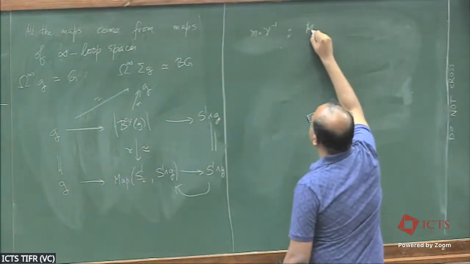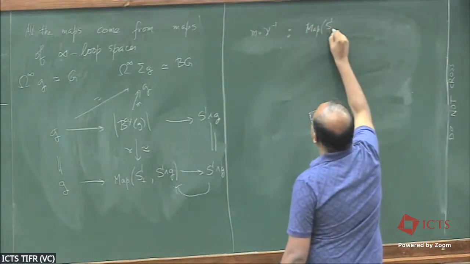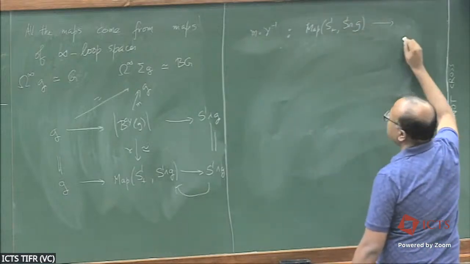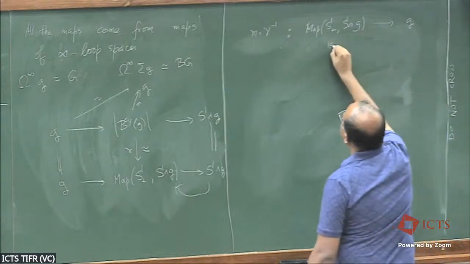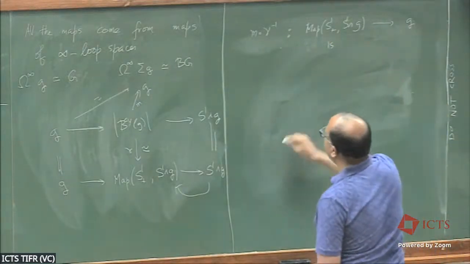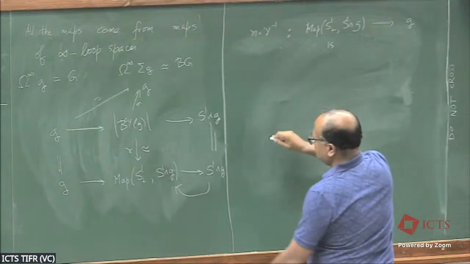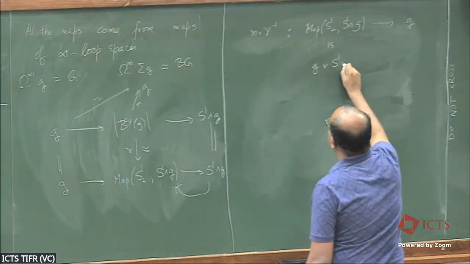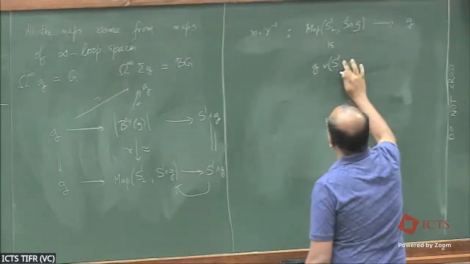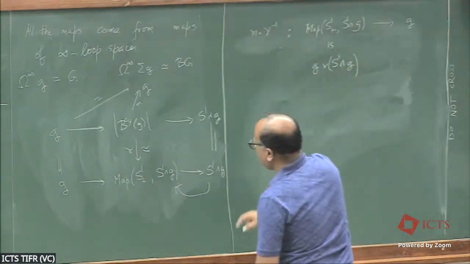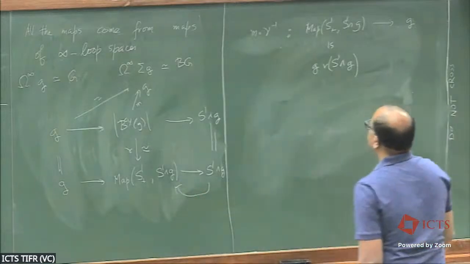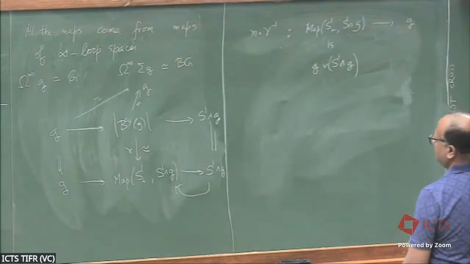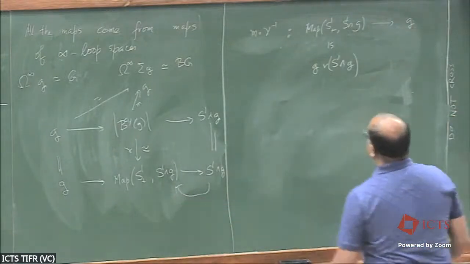This is a map from S1 plus S1 smash G to G, but this side is given by the wedge of these two factors, G wedge S1 smash G, and the splitting is given by this constant section.